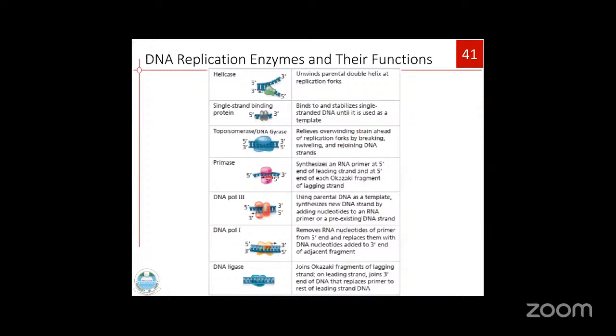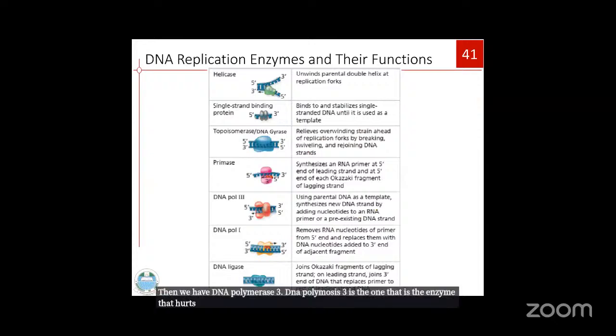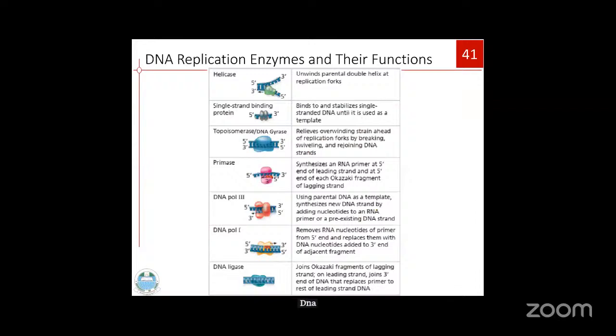Then we have DNA polymerase 3. DNA polymerase 3 is the enzyme that adds more nucleotides, that synthesizes them.